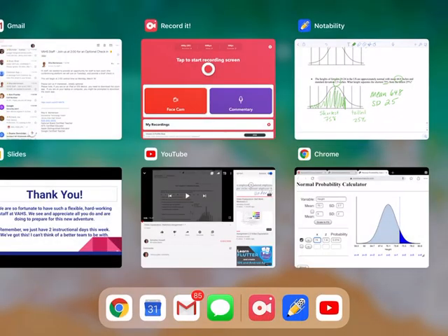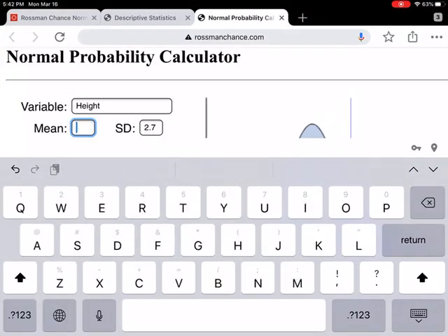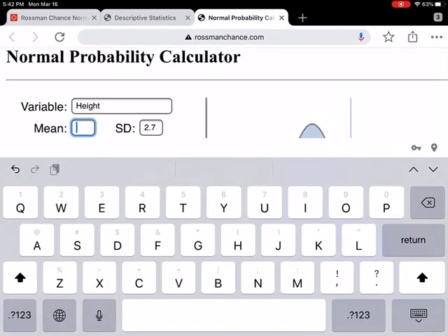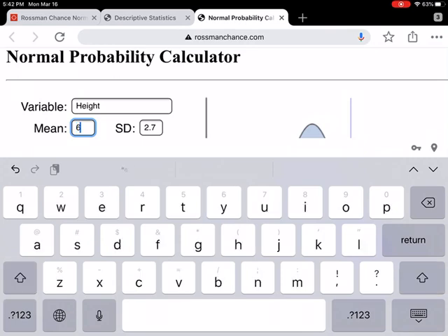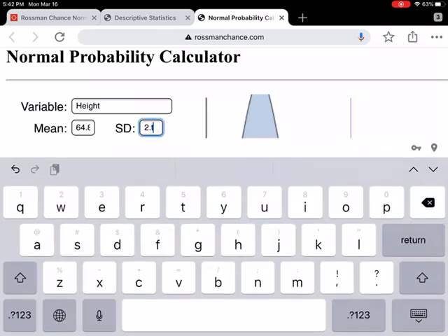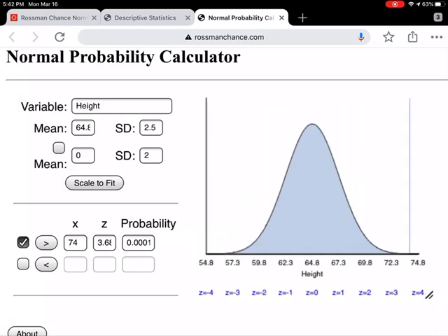So I'm going to shift back to my probability calculator. And, oh no, I already forgot my number. 64.8 and 2.5. Not 2.t, 2.5. Okay.